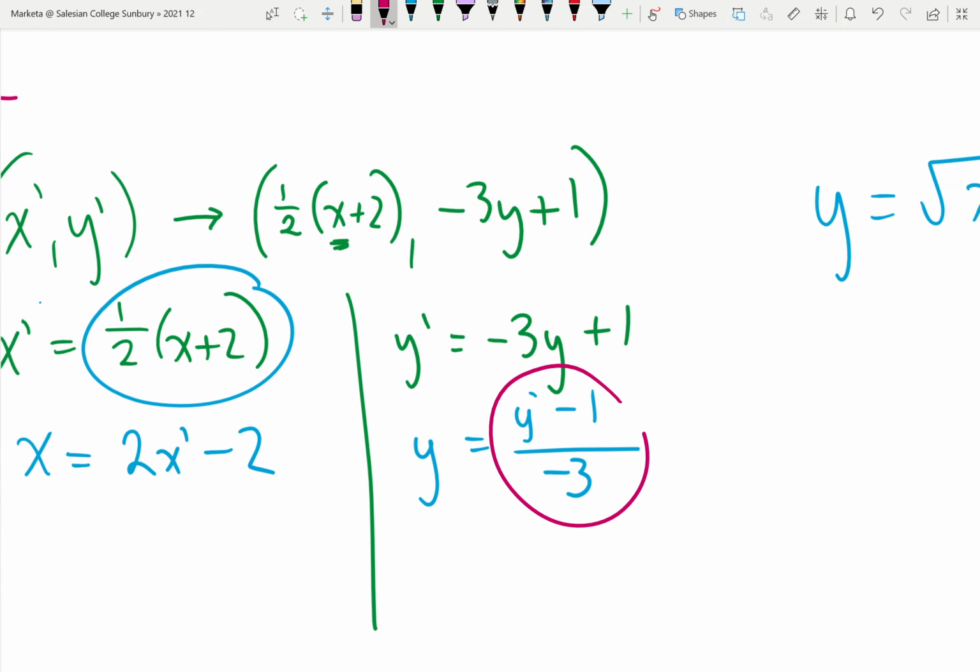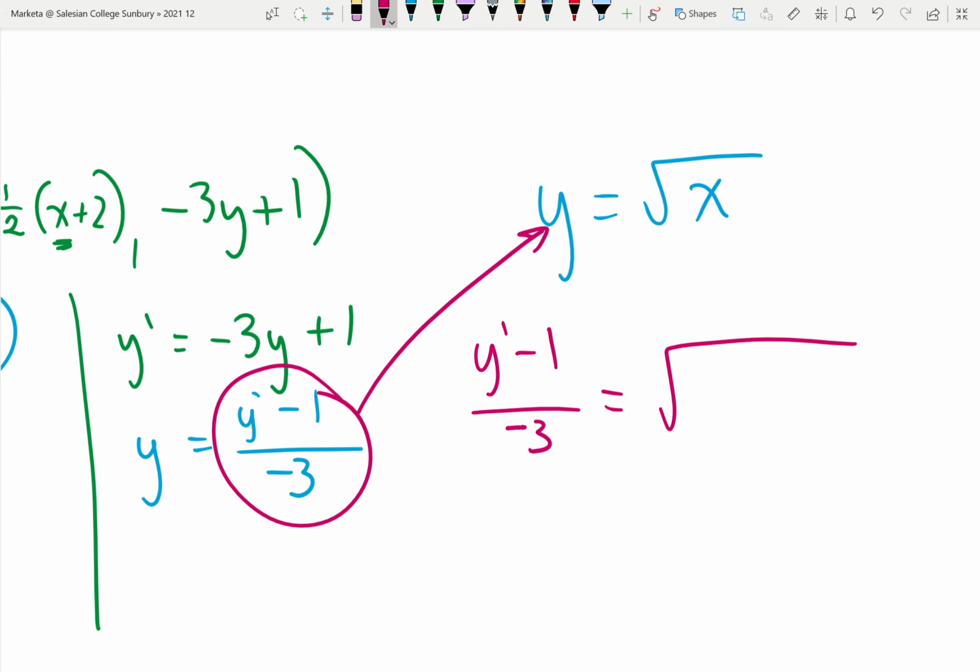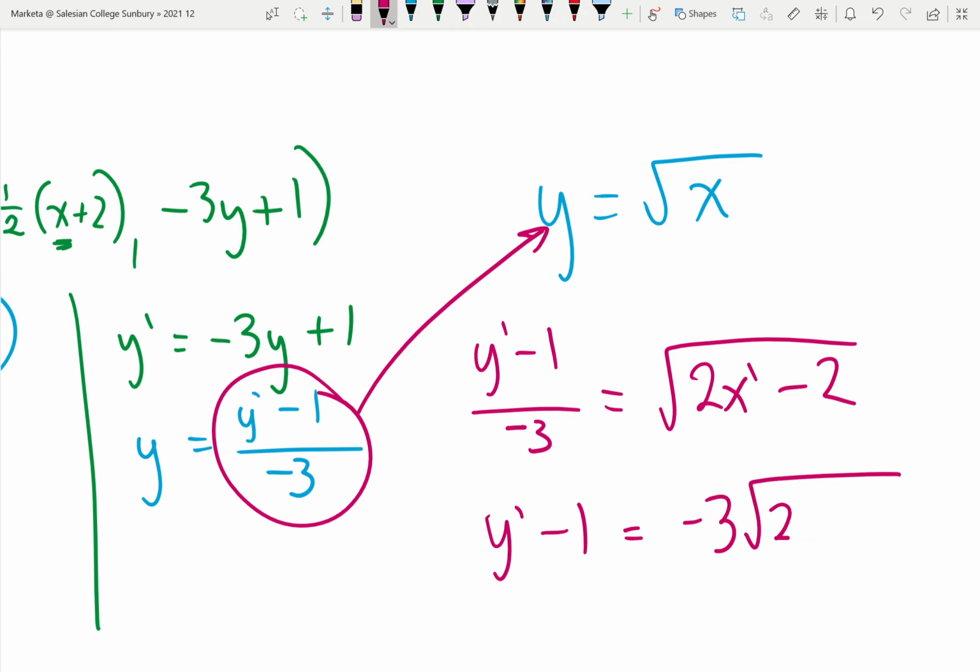Now I can sub this into y, because this says y equals, and I have a y, so I can substitute that. So y image minus 1 over negative 3 equals root of 2x image minus 2. Now we just want to make the equation look a little neater. I'm going to times by negative 3 on both sides, and add 1 on both sides.